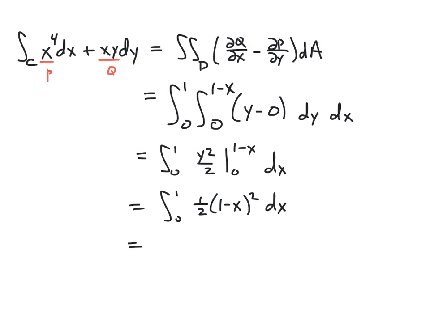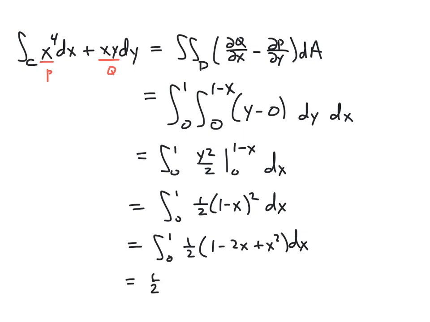There's a couple ways we could go about this one. We could use a quick substitution, let u be 1 minus x. I'm just going to opt to expand this out, so it's going to be 1 minus 2x plus x squared, dx.